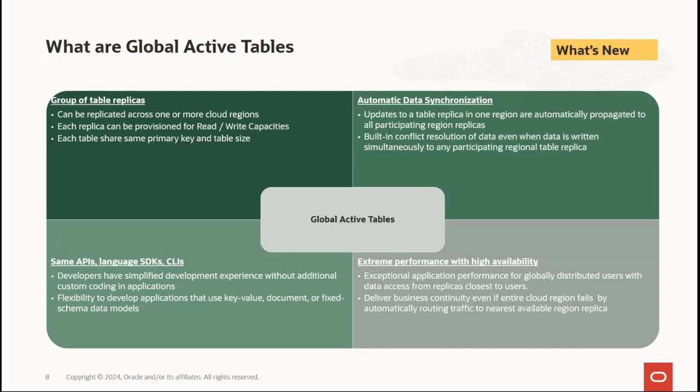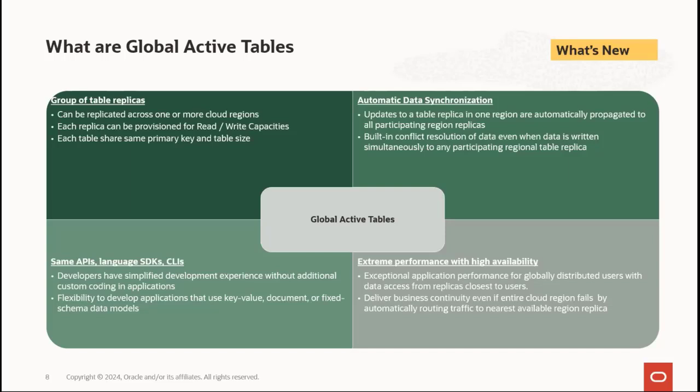The fact that a table from the point of view of the application is a global active table or what we call a singleton table is basically invisible to the application. And this can be used across any of the different data models that we offer, whether it be key value, document, or fixed schema.